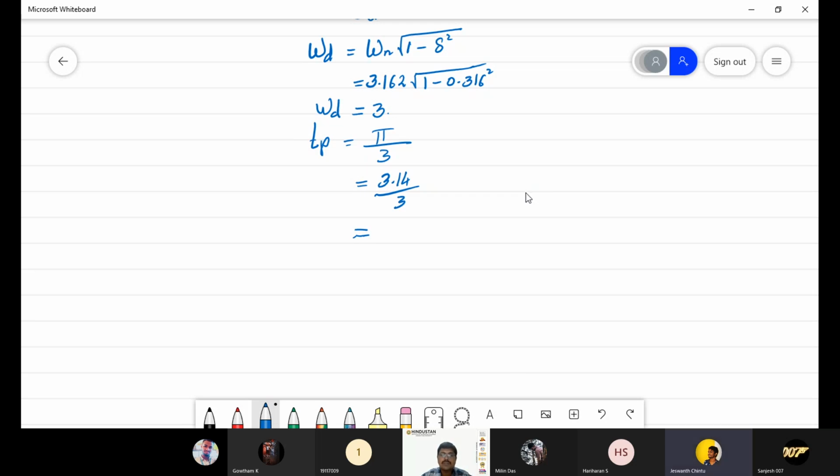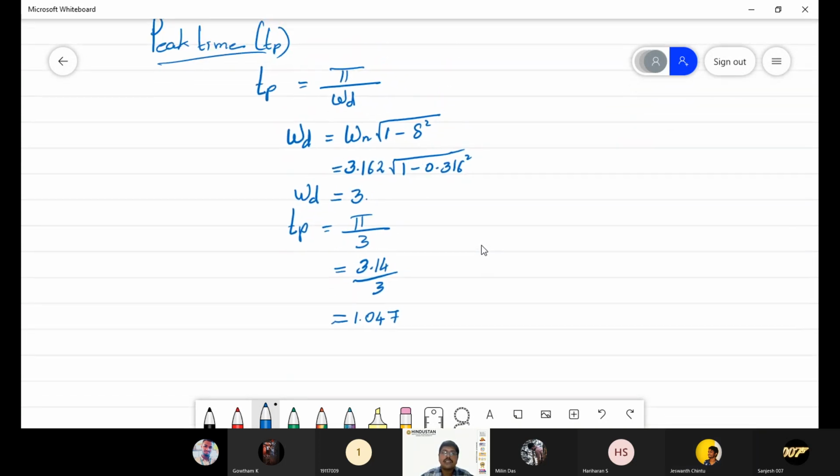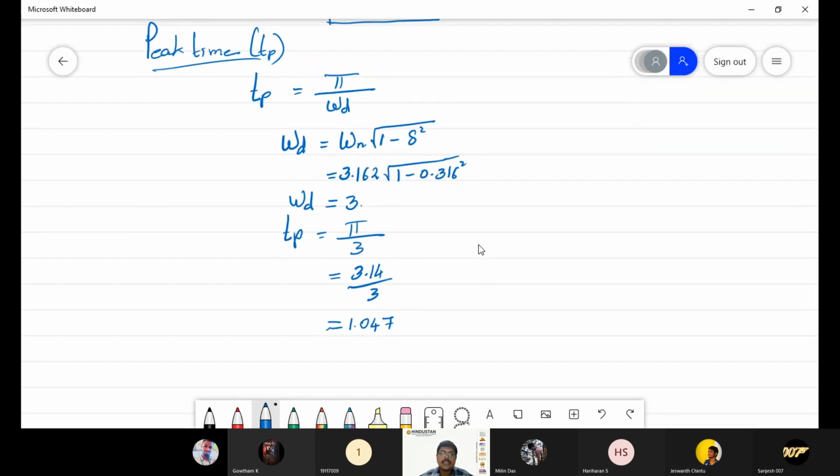Yes, good. 1.047. I hope you'll get the answer in seconds. Another important thing I want to tell you is to put the units here.